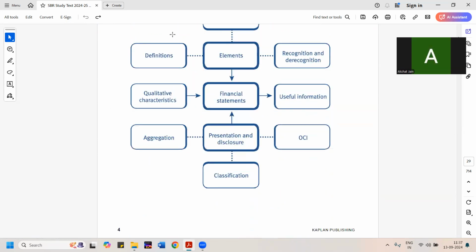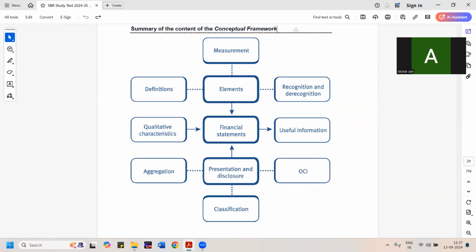And then the summary of the content of the conceptual framework. Basically, conceptual frameworks consist of financial statements. Financial statements consist of elements, presentation and disclosure, and qualitative characteristics, which at the end of the day give us useful information.